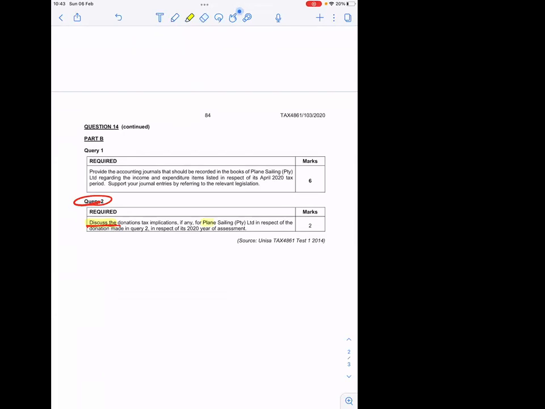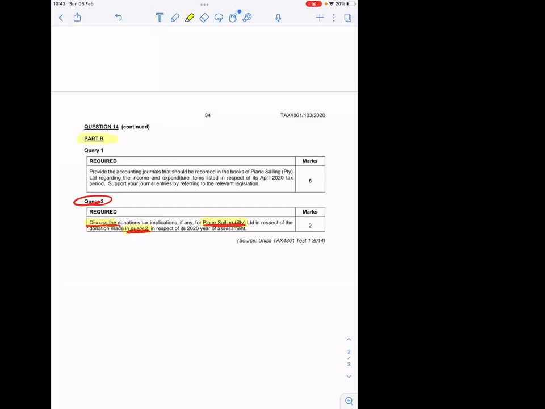Need to take note, the company, in case you have to deal with the exemptions in section 56(2), you got the one for 10,000, in respect of the donation made in query 2, in respect of the 2020 year of assessment. Right.